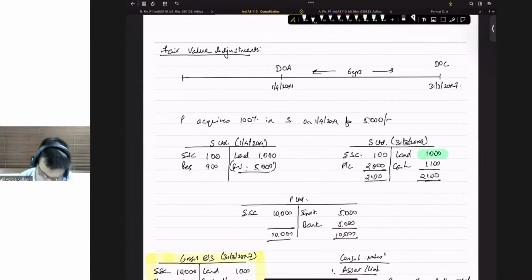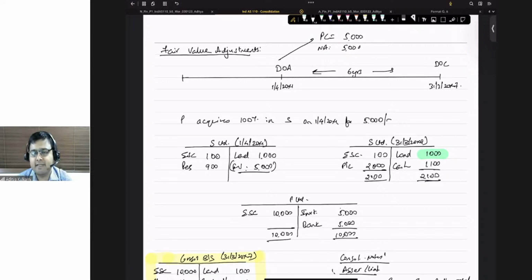See, let us do the business combination approach, the 6-step approach on the date of acquisition. First step, identify the acquirer, it is P. Second step, date of acquisition, it is 1st April. Third step, the purchase consideration is 5,000. Fourth step, net assets acquired is 5,000.